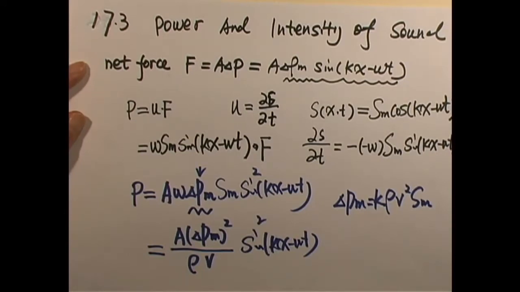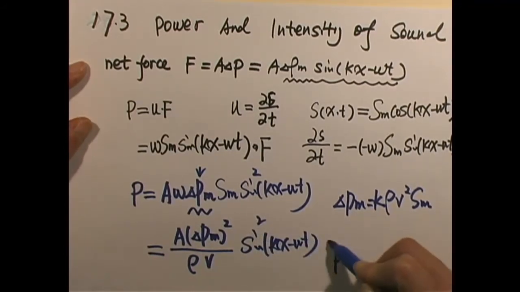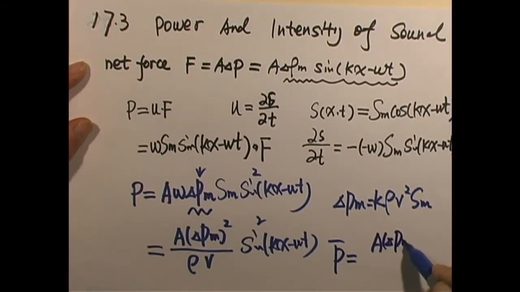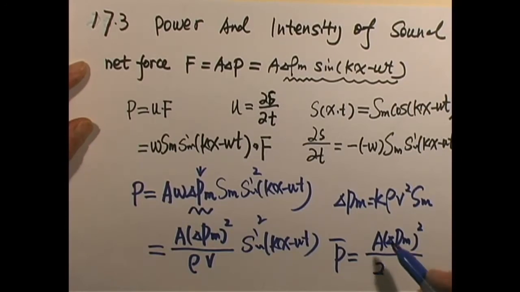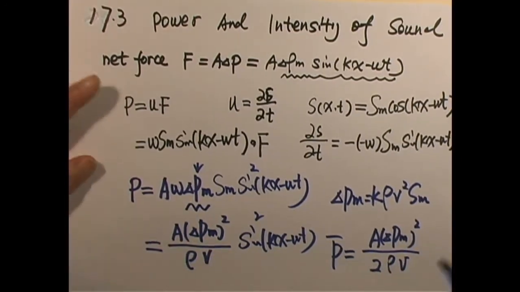Now, this is the instantaneous power delivered at a position x at time t to that slice of moving fluid. If we want to know the average, the average of sine squared is 1/2. Therefore, the average power comes out as A delta P_m squared, with the factor of 1/2, over rho v. Let's take a look at this result.